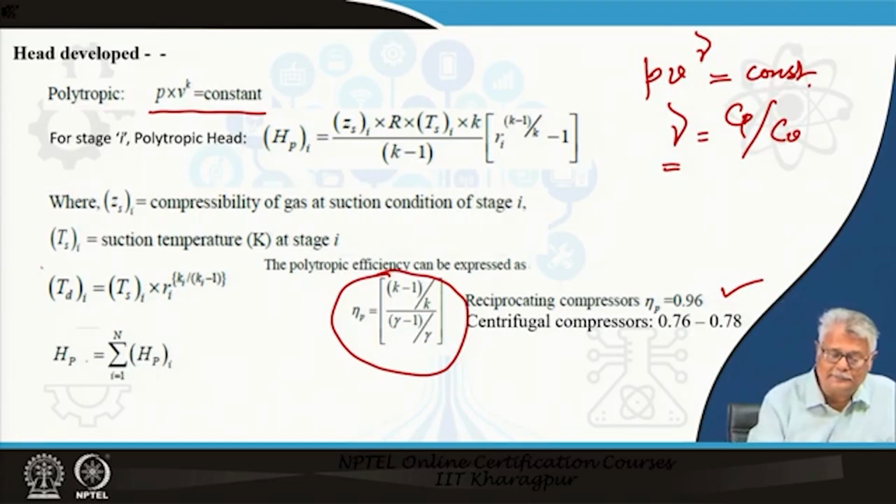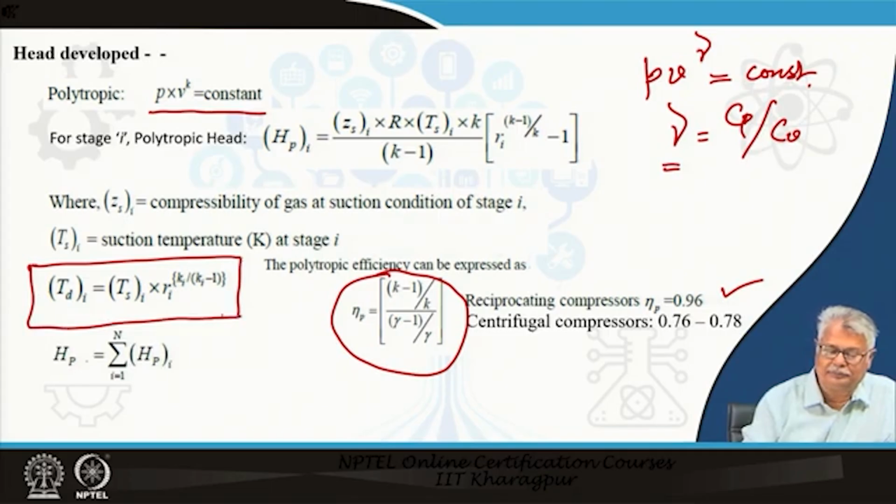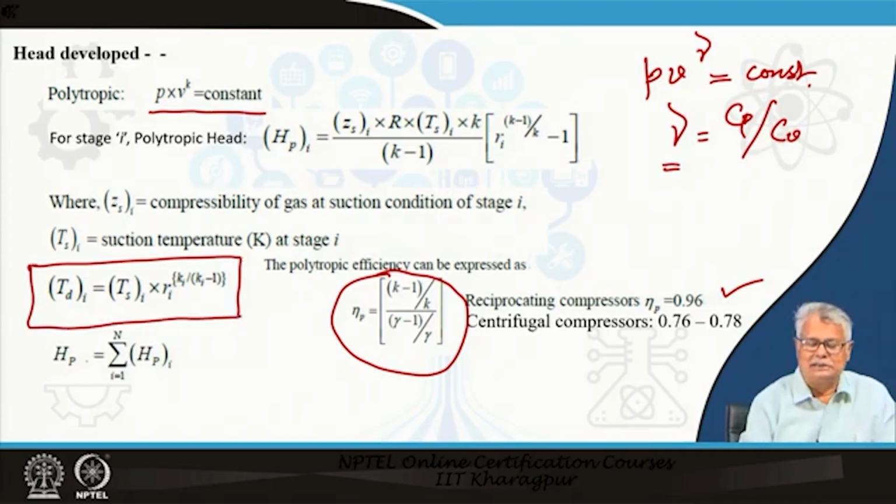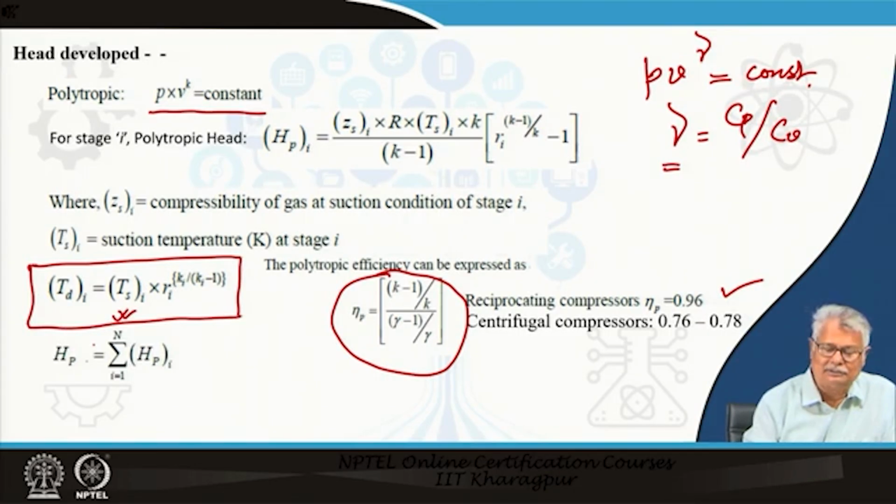You will notice a few other things also. For a particular stage i, if you know the suction temperature of the stage in Kelvin and you know the pressure ratio Ri, or the compression ratio Ri, which is nothing but the ratio of the pressures in this particular stage i, and if you have found out the value of K already, it is possible for you to estimate the corresponding discharge temperature.